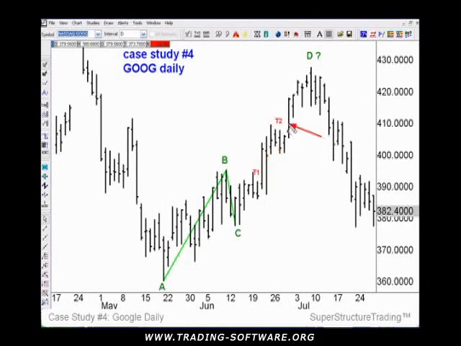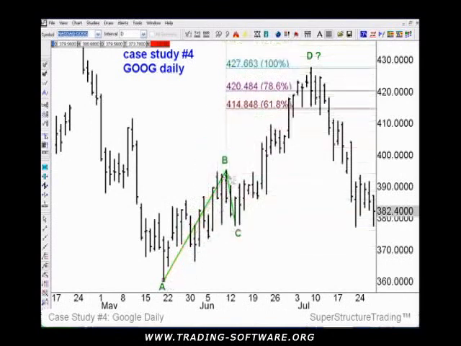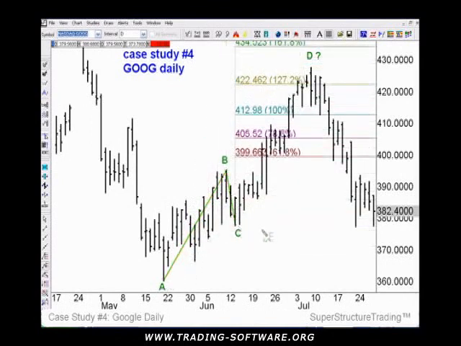So right here, we can expect more move to the upside. As we hold on to this long trade, as price action goes higher and higher, we need to figure out where we are in terms of measure move extensions. So let me put on a measure move extension from A, B, dragging it down to C.